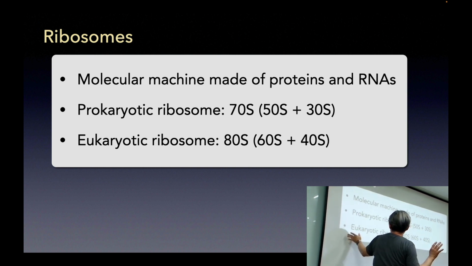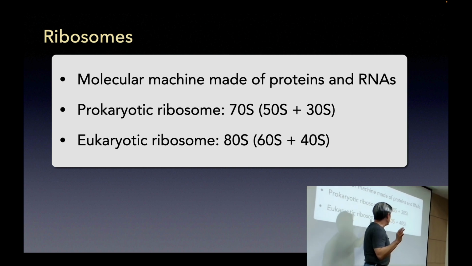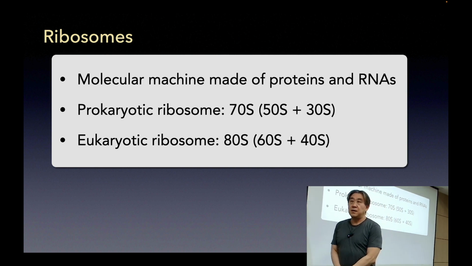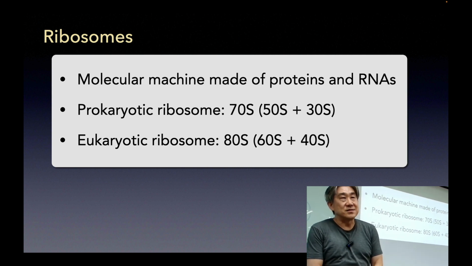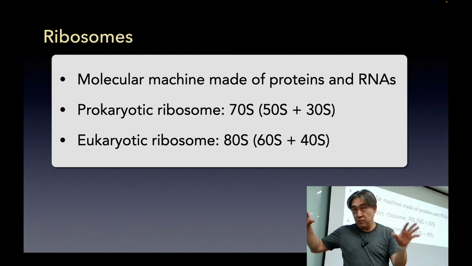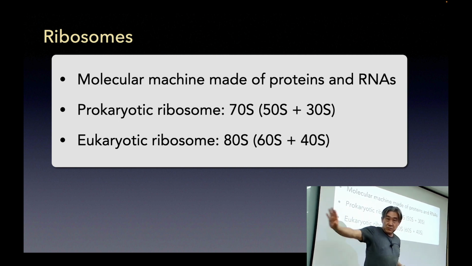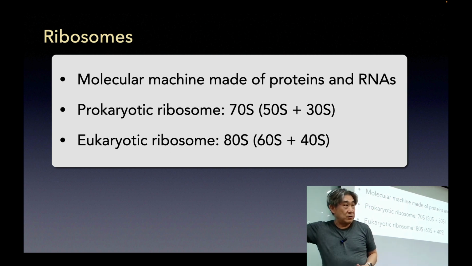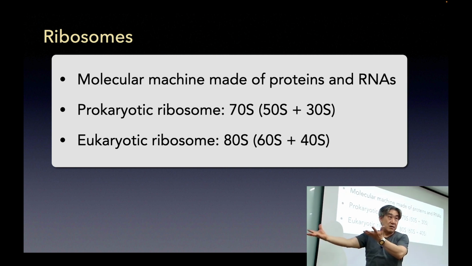But here, prokaryotic, eukaryotic, 70S, 80S, whatever, forget it. The essence is that when you look from a distance, the prokaryotic ribosome and the eukaryotic ribosome look so much alike.